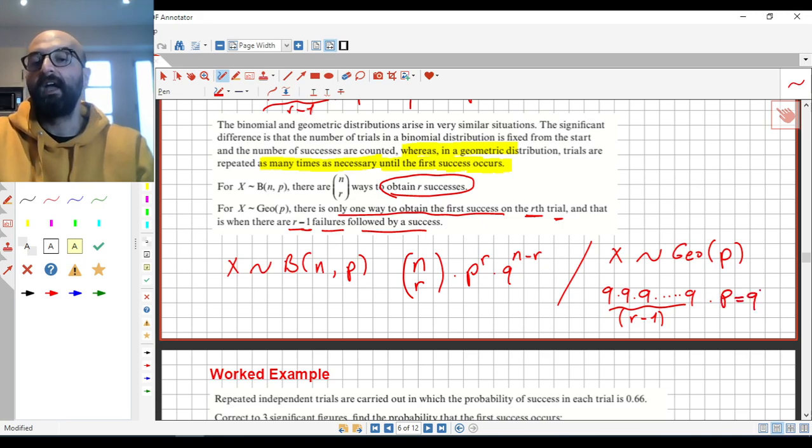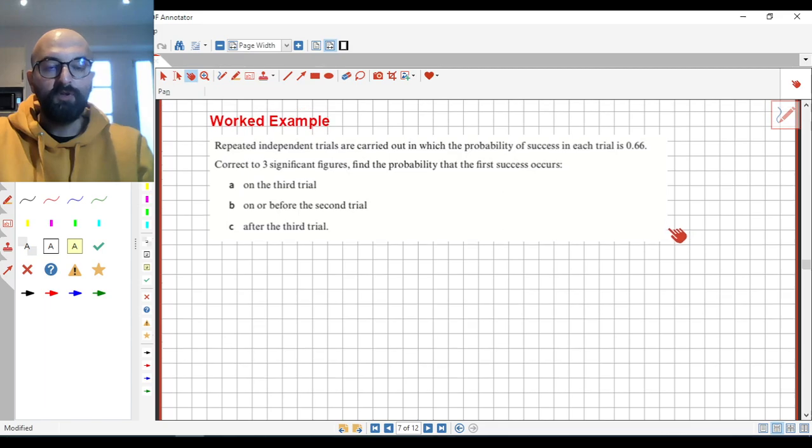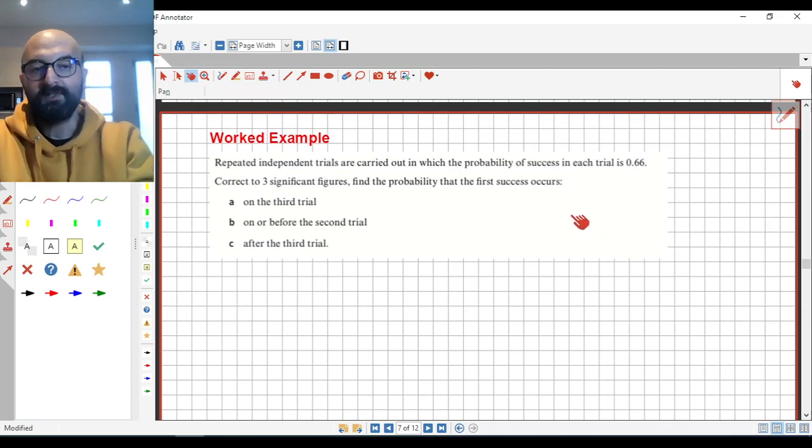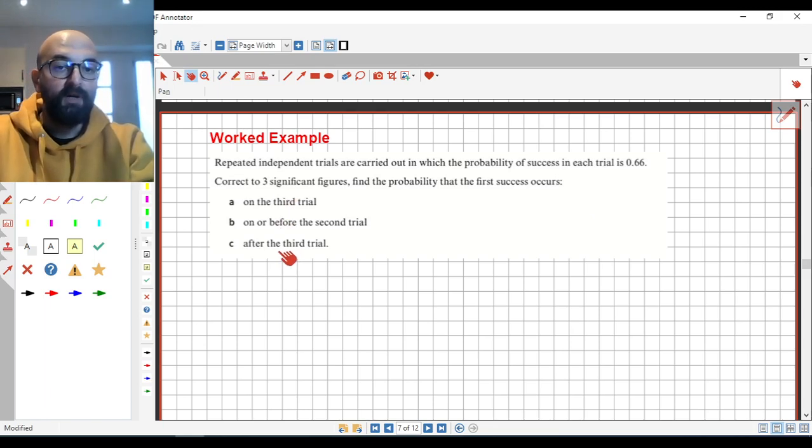We can say q to the power of r minus 1 multiplied by p. Okay, and if we study a worked example, I hope you can understand easily.